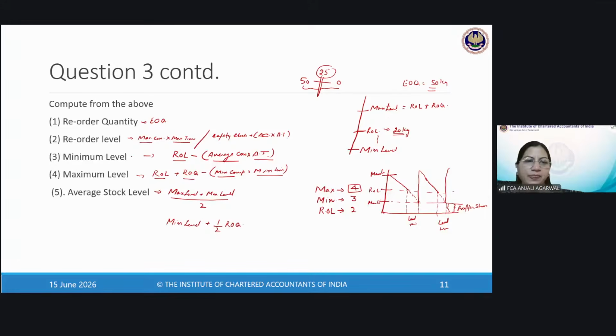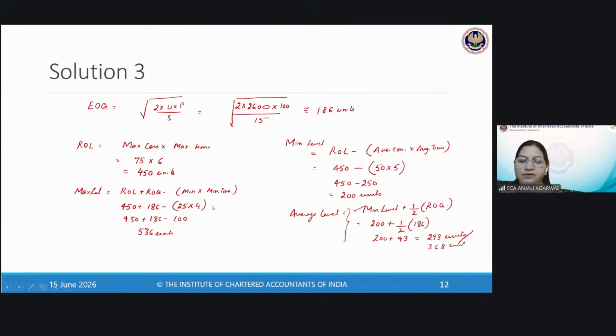Minimum level, reorder level minus average consumption into average time, 450 minus 50 into 5, 250. So 200. And maximum level, reorder level plus reorder quantity minus minimum consumption into minimum time. And average was 293 or 368.